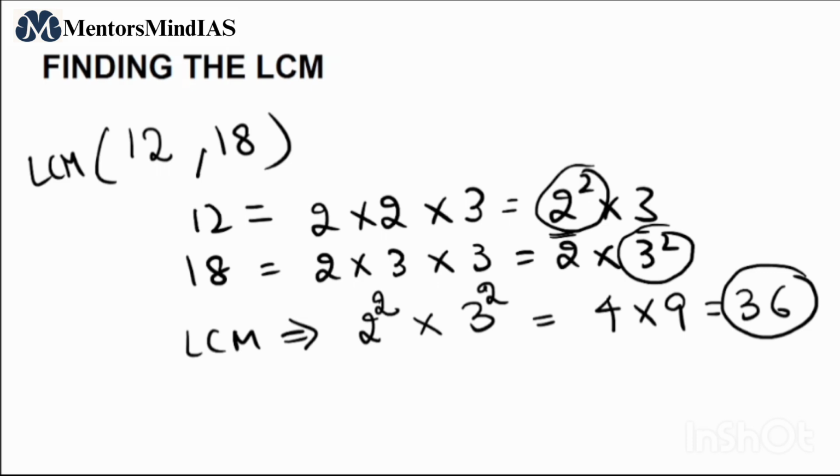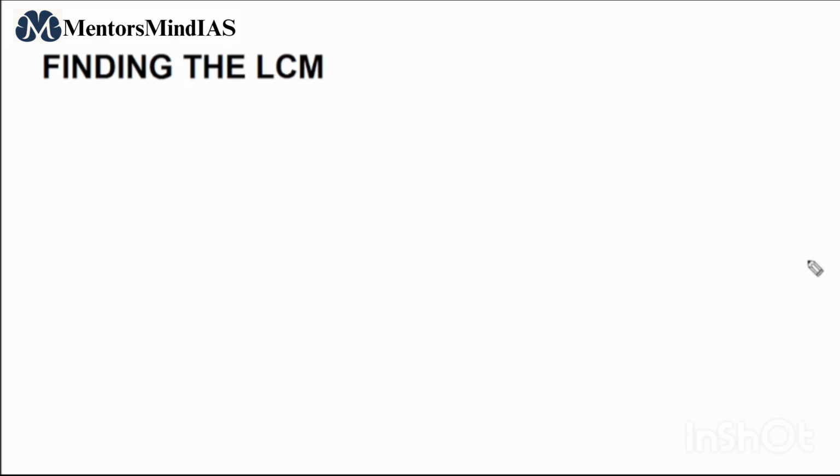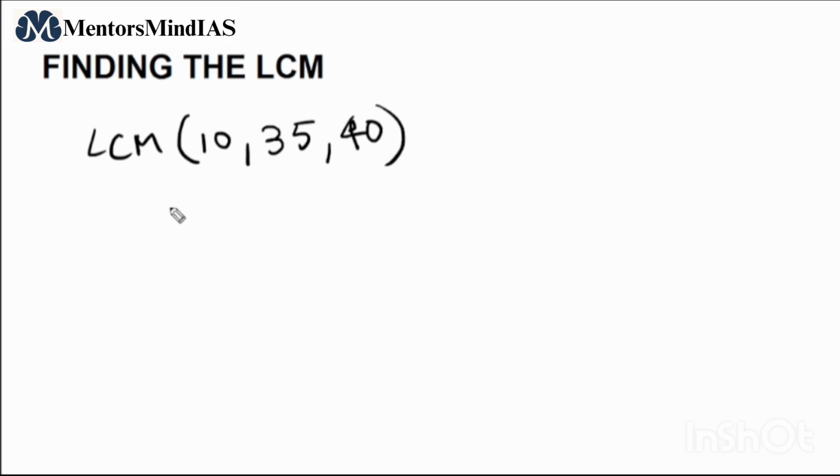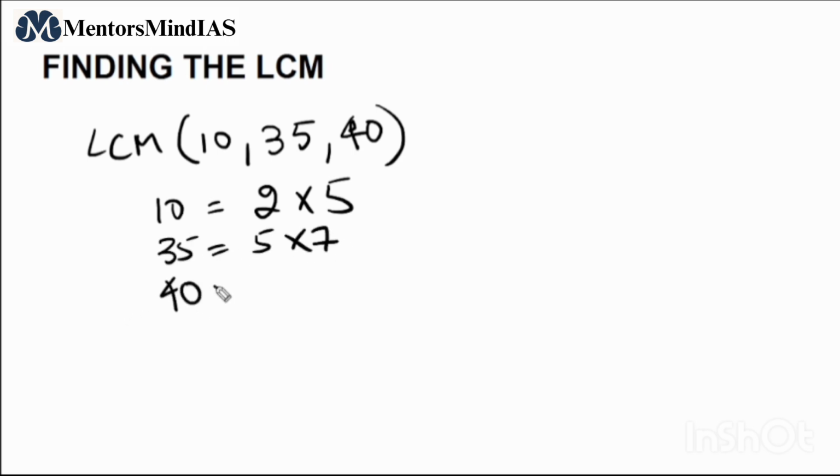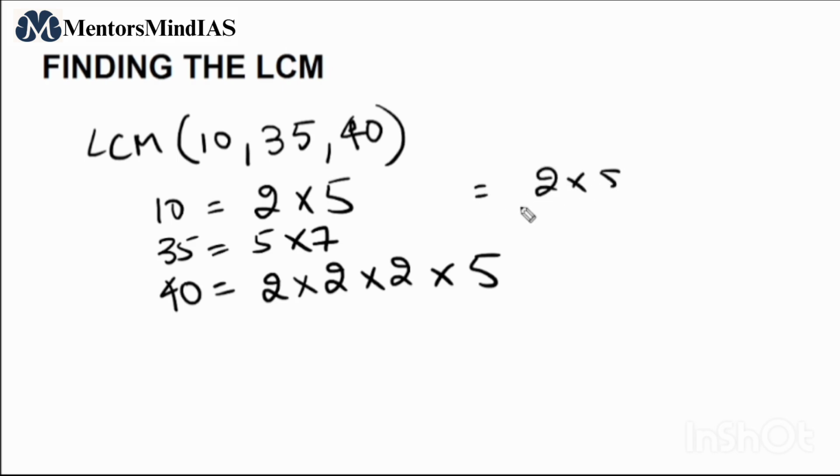Now say you have 3 numbers, LCM of 10, 35, 40. So you have to find the LCM of these. The prime factors of 10 are 2 into 5, 35 can be written as 5 into 7, and 40 is 2 into 2 into 2 into 5.